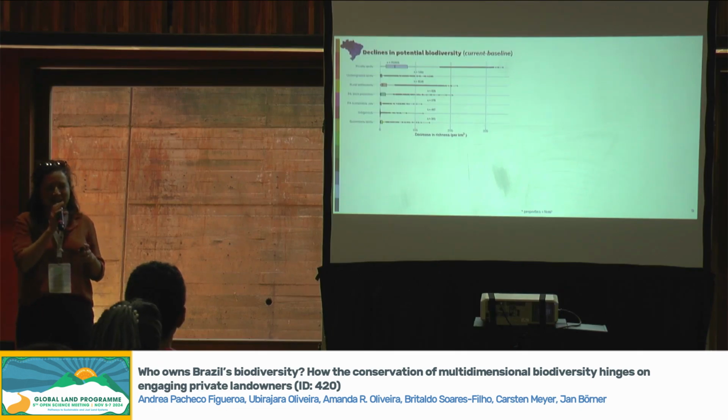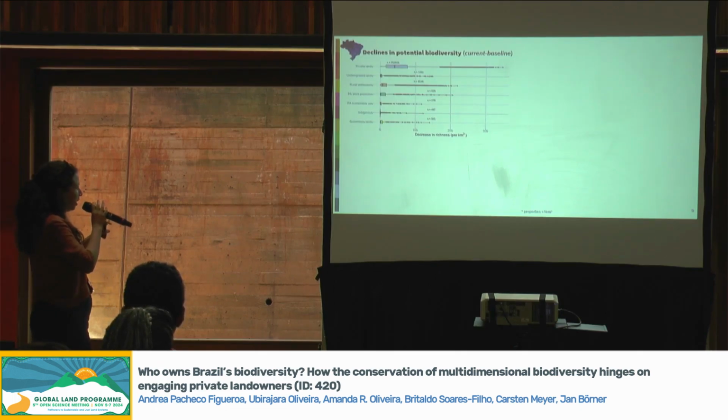But to get at what this looks like when we pair these data, here are very simple box plots of the distribution of these declines in potential diversity, so decreases in richness per square kilometer for each of the properties under each of these tenure categories.